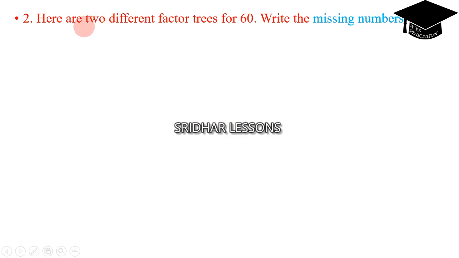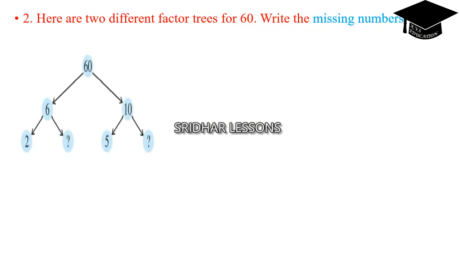Problem number 2. Here are two different factor trees for 60. Write the missing numbers. 60 can be factorized as 6 into 10, and 6 can be factorized as 2 into blank, and 10 can be factorized as 5 into blank.